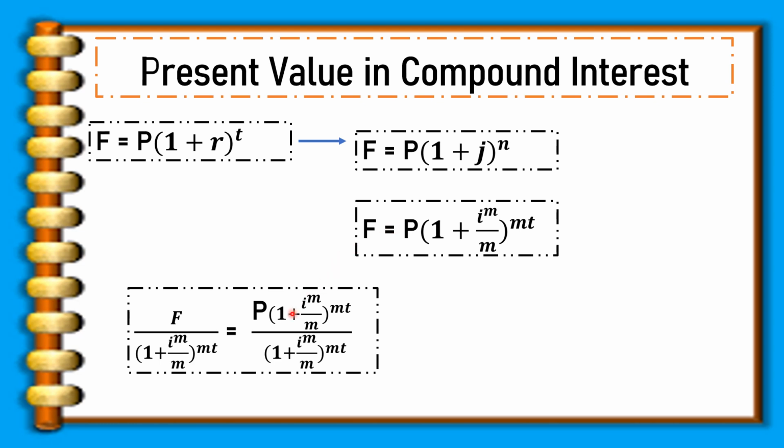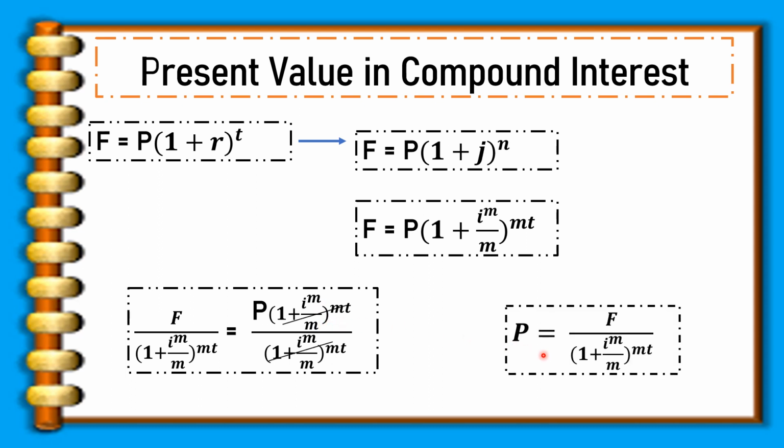Simply divide both sides by quantity 1 plus i raised to m over m raised to mt. And then P equals F over 1 plus i raised to m over m raised to mt. Remember that F is your future value or maturity value, P is your present value or principal amount, i raised to m is your rate, m is your conversion frequency, and t is your term or time in years.